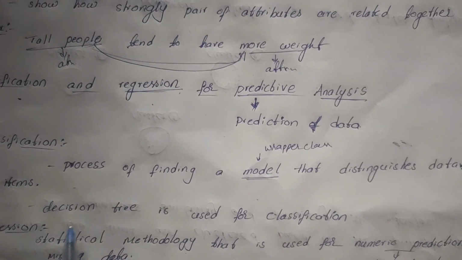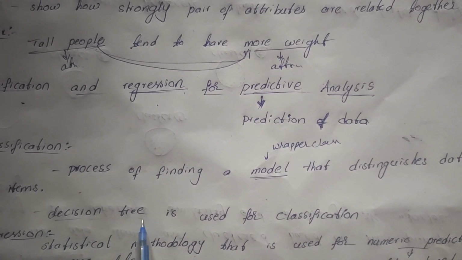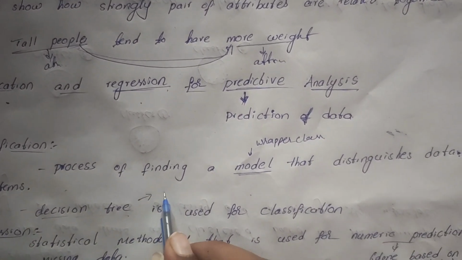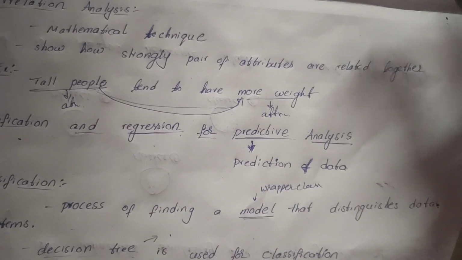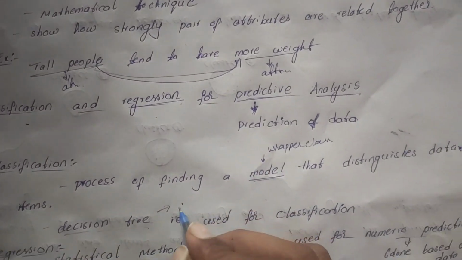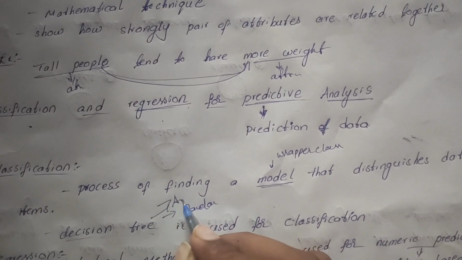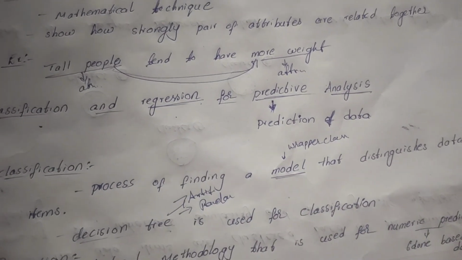Within classification we use decision tree, which we already discussed, random forest and artificial neural networks. These are the classification methods that we use.